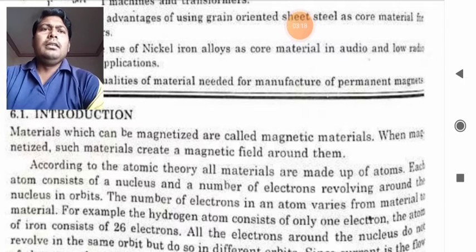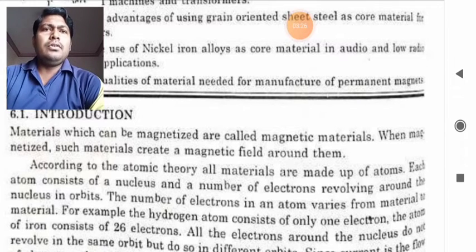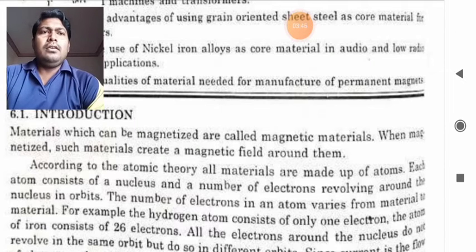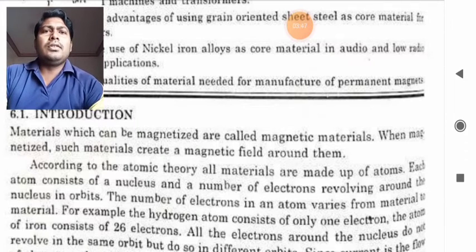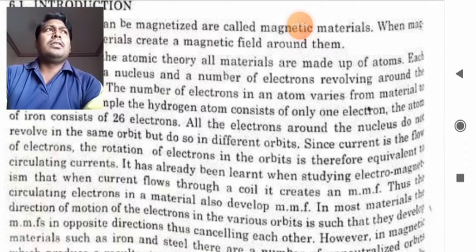The number of electrons in an atom varies from material to material. For example, a hydrogen atom consists of only one electron since its atomic number is 1. The atom of iron consists of 26 electrons. All the electrons around the nucleus do not revolve in the same orbit but in different orbits.